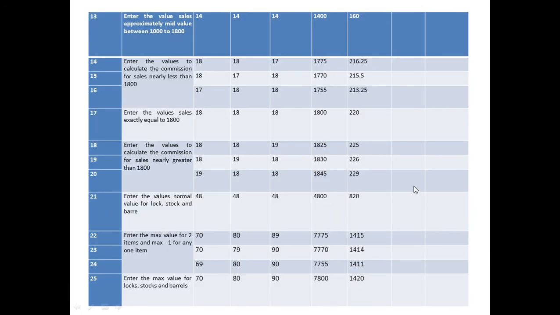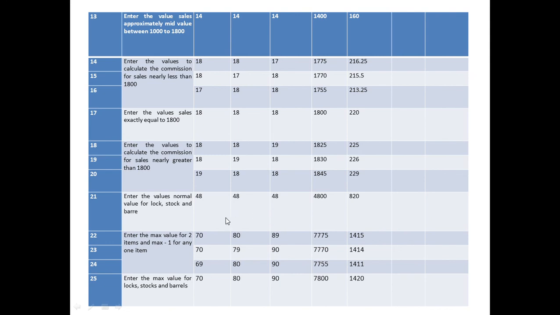In the next case you have to see sales nearly less than 1800, equal to 1800 and greater than 1800. So that is with respect to sales. Next come to the 21st test case, that is, enter the normal value for logs, stocks and barrels.